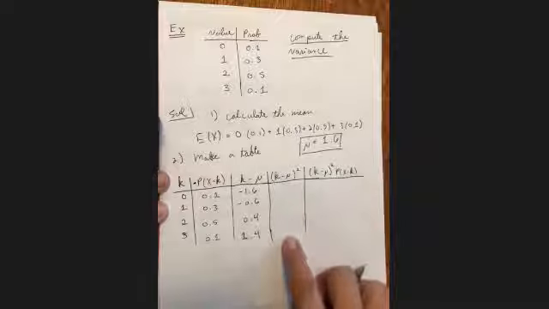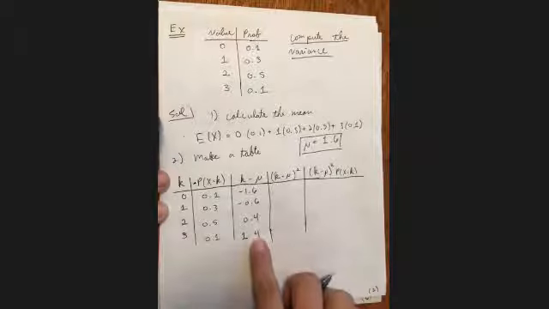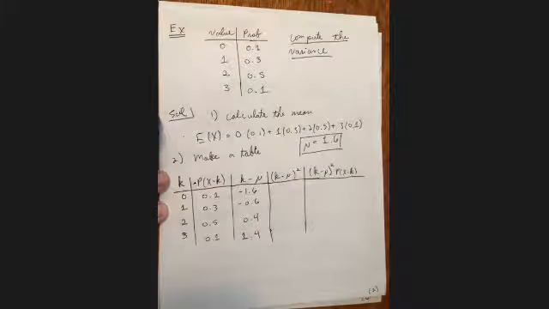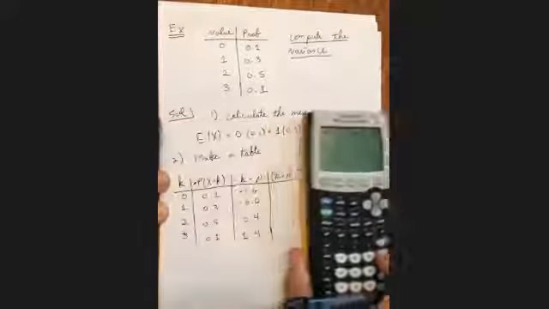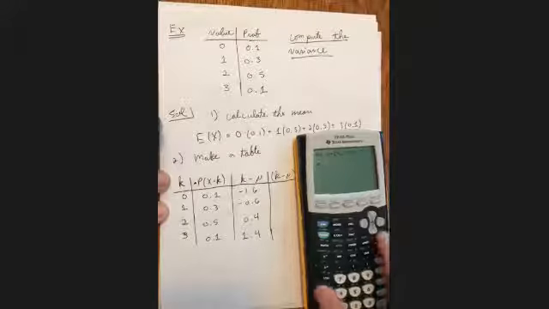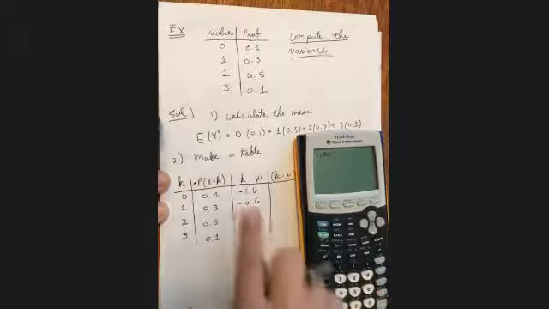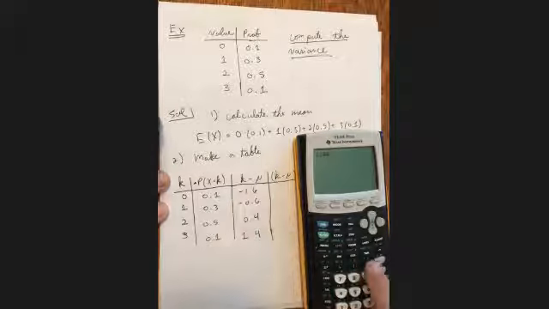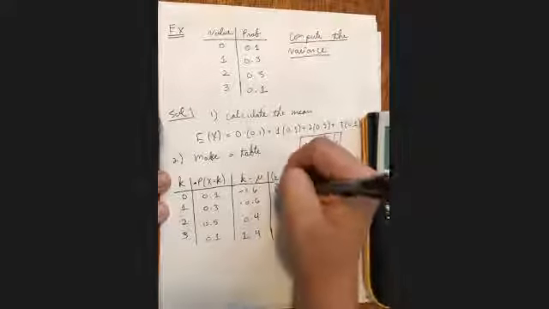Now we're going to take all of those values that we computed here, and we're going to square them. So we're going to square each individual value. So for instance, we take 1.6. I don't care about the negative now that I'm going to be squaring it, because the negative will go away. I square 1.6 and I get 2.56.